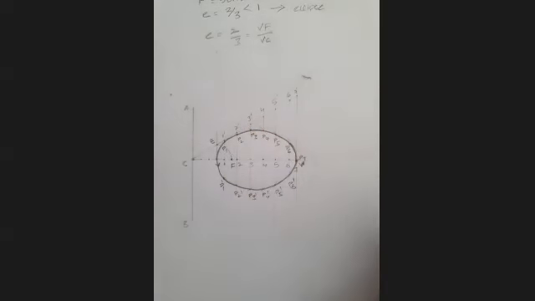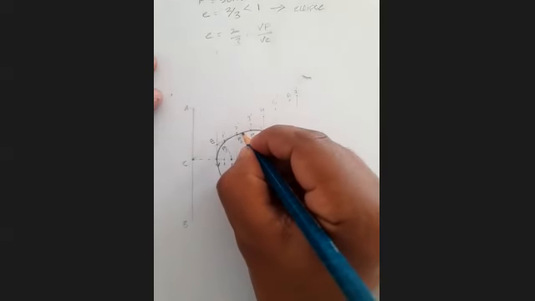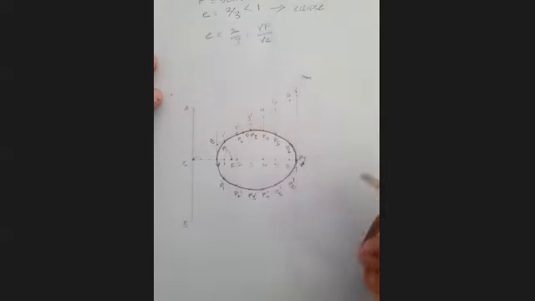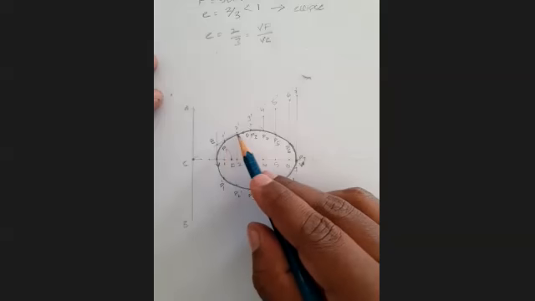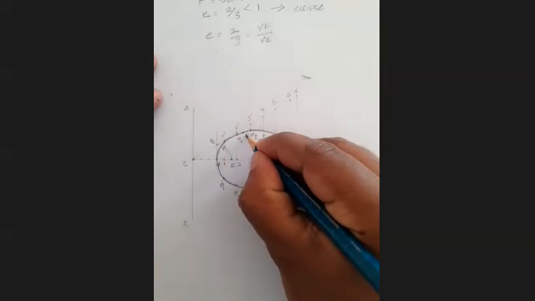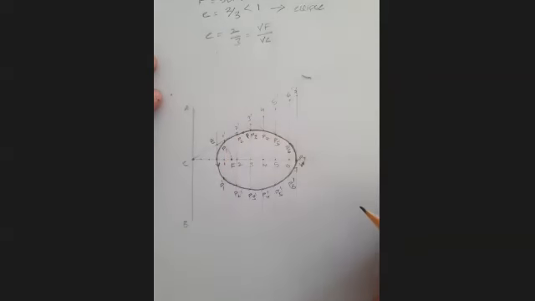So let us take now, listen carefully, the construction of normal and tangent. Let us take a point P on the curve. You select a point P anywhere on the curve. So I have taken in between P2 and P3. Okay.